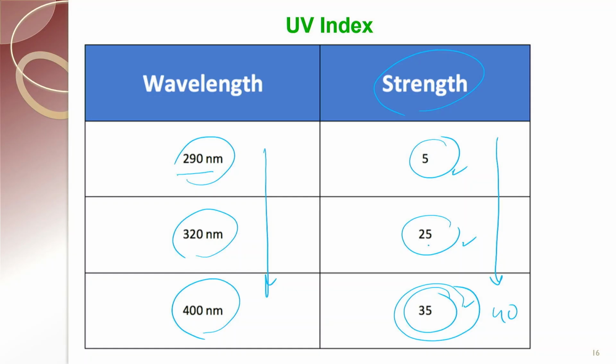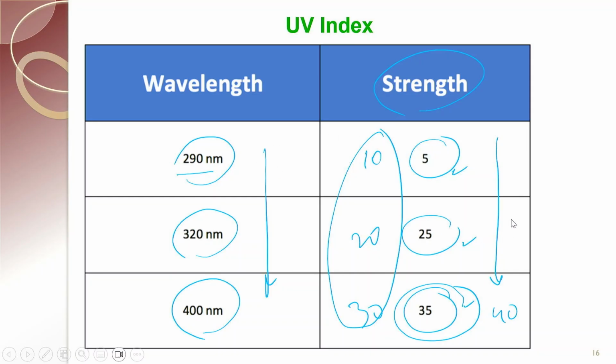Here 5, 10, 25, 35 is given, but someone can give it say 10, 20, 30, that is also possible for certain agencies.